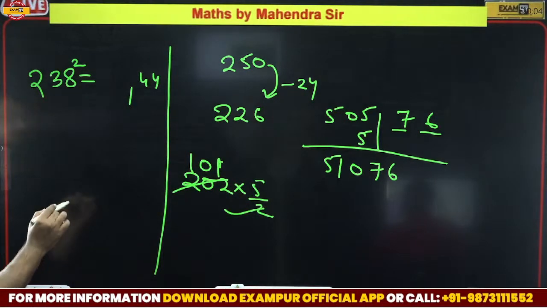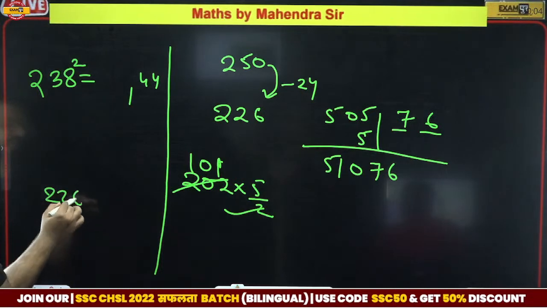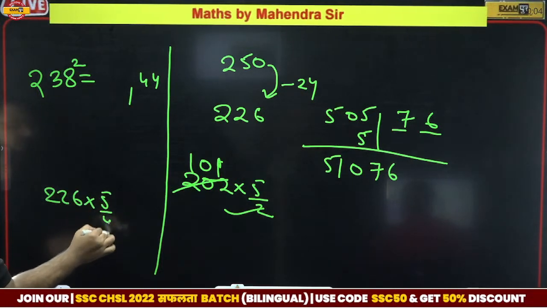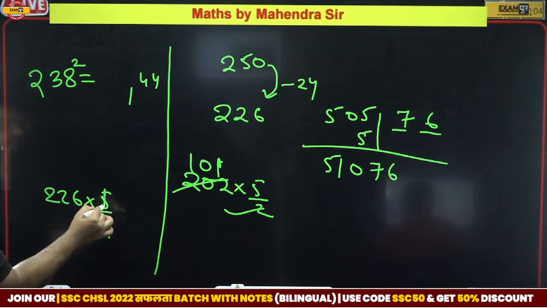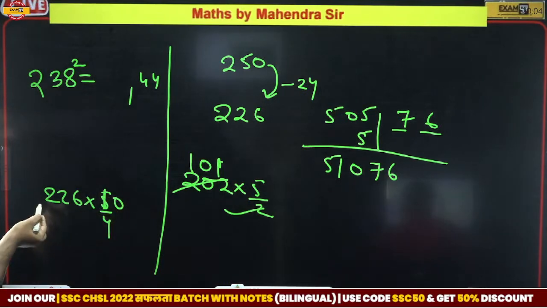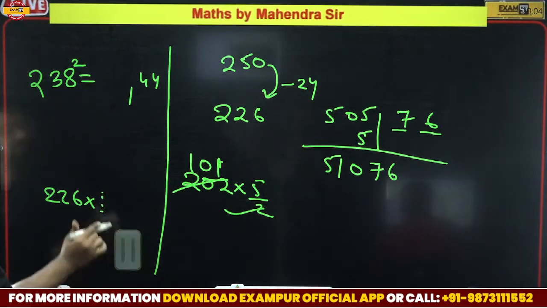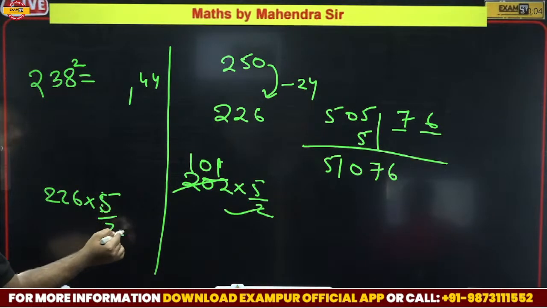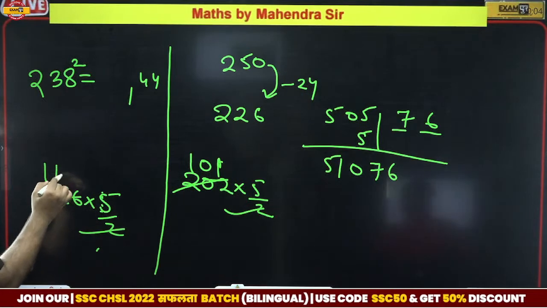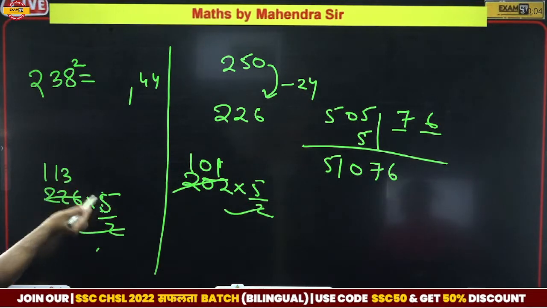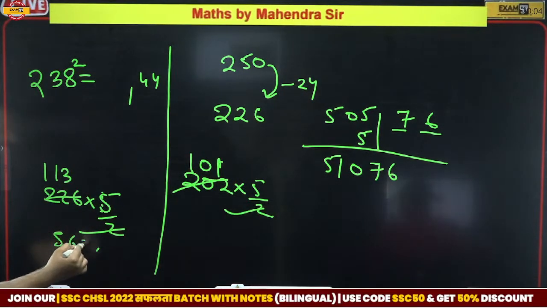Simple. So 226 multiplied by 5 and divided by 2 can also be written as multiplied by 10 and divided by 4. Or divide by 2 first, then multiply by 5, which is also good. So it will be 113, and multiplied by 5, you will get 565. 5 ones are 5, 13 fives are 65.